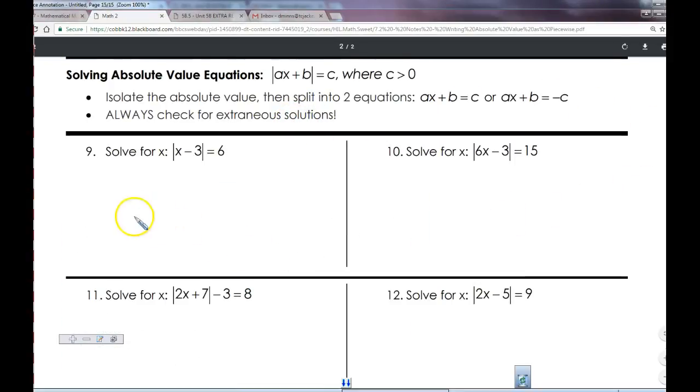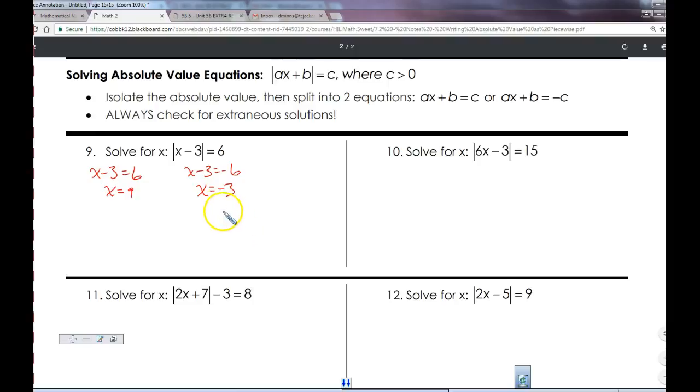Alright, in practice, here is how it goes. So we have the absolute value of x minus 3 equals 6. Quite easily, we set x minus 3 equal to 6, and we set x minus 3 equal to negative 6. Absolute value bar is gone. Here, add 3 to both sides: x equals 9. Here, add 3 to both sides: x equals negative 3.